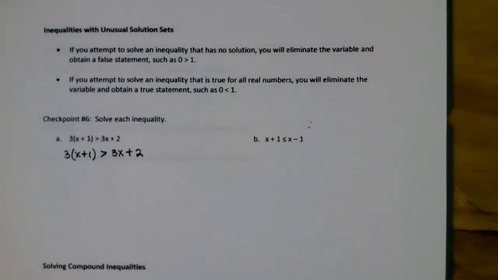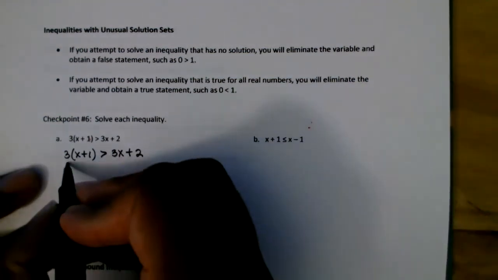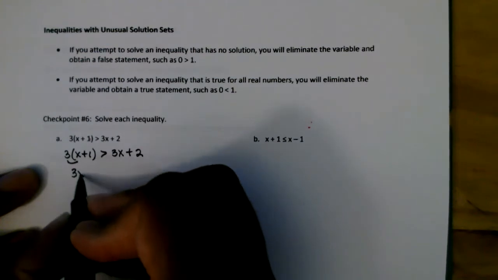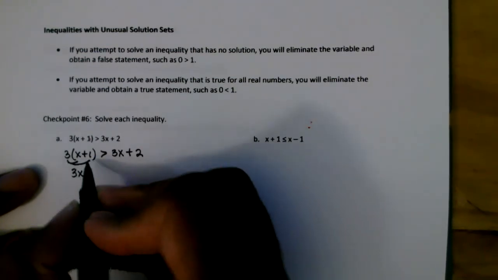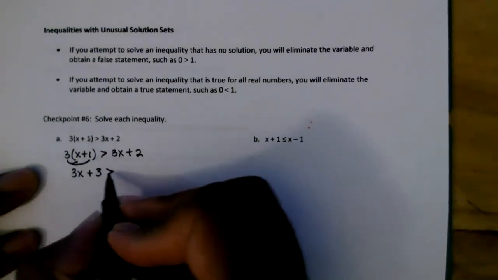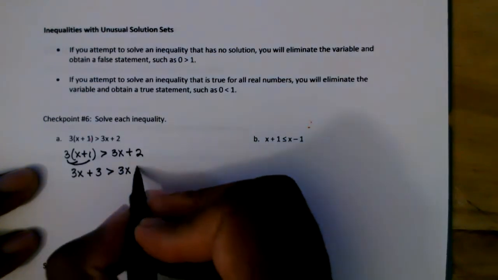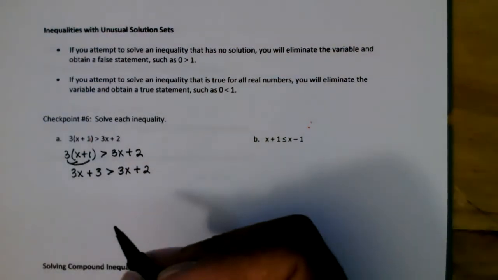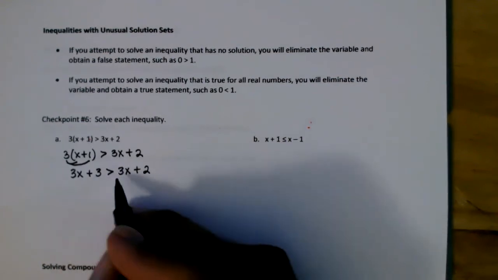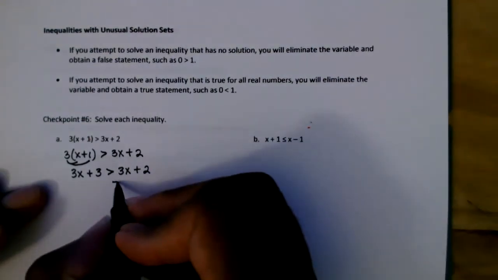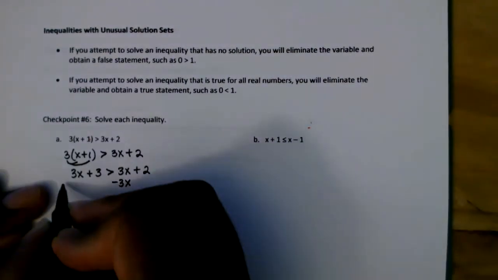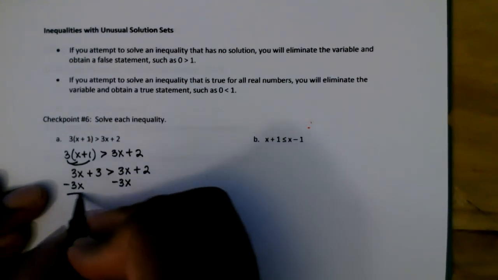Now on the left side, I'm going to remove the parentheses. 3 times x is 3x, plus 3 times 1 is 3. That's going to be greater than 3x plus 2. Now watch what happens when I subtract 3x on both sides in an attempt to get the variable on the left side of this inequality.